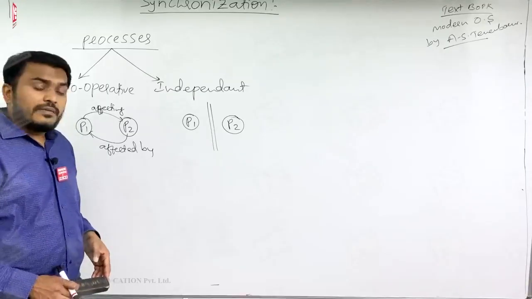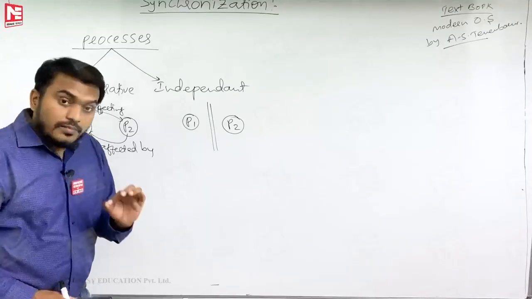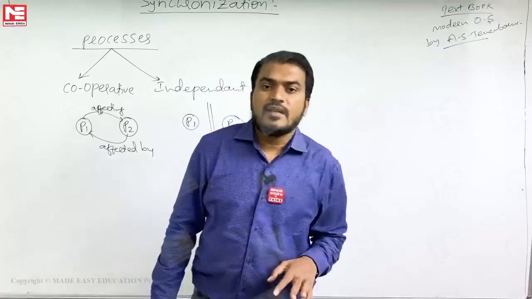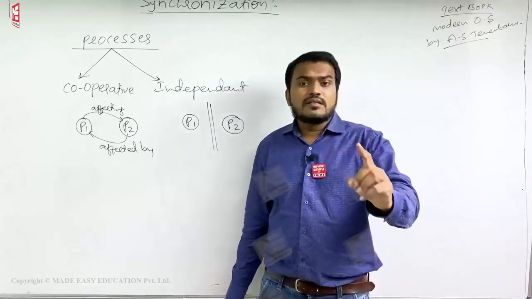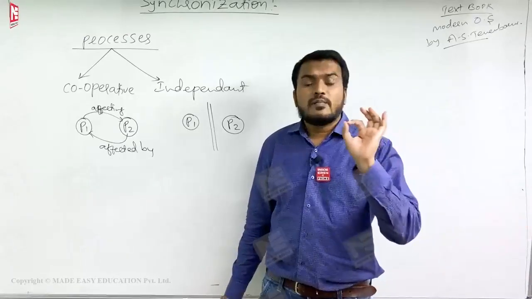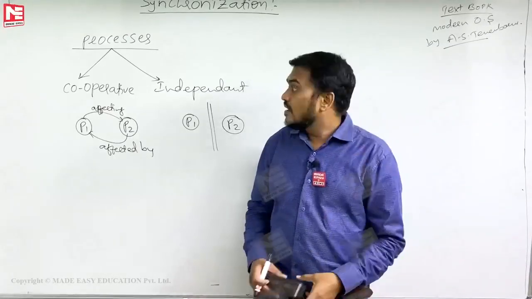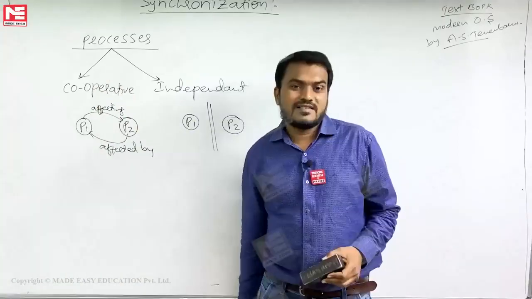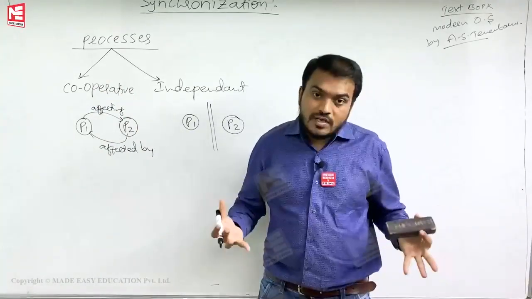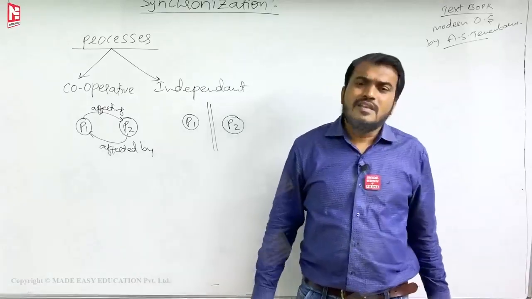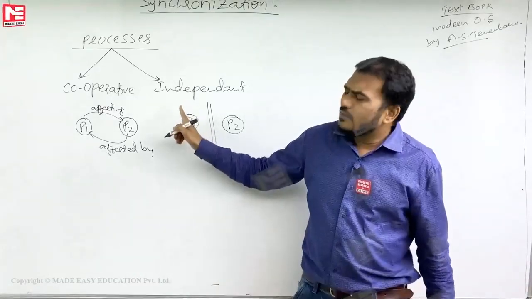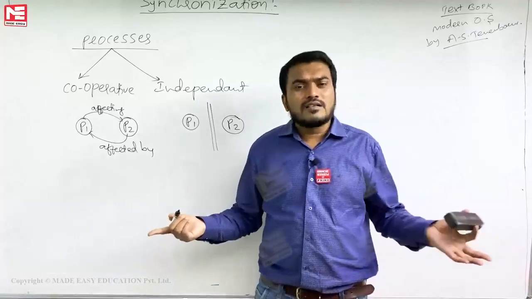Now remember, if you want to implement synchronization, you can guess easily. The first step is that the processes must be cooperative processes. If you have independent processes, do you require any synchronization?